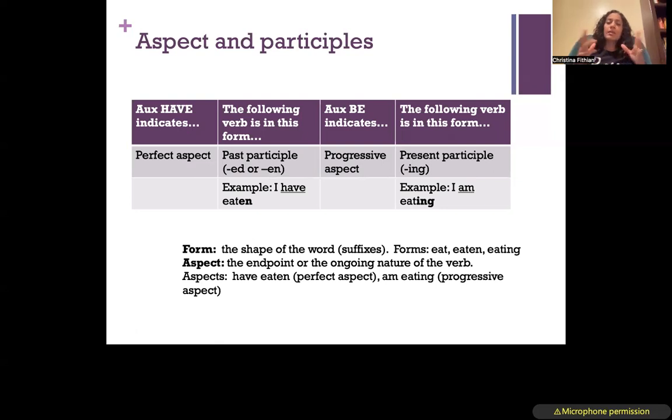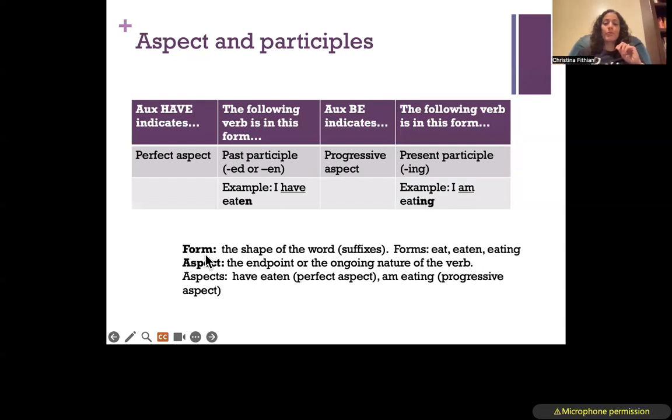So I always say that auxiliary verbs are like bad girlfriends. They steal your tense from you, and they force you to change into something you're not. That's exactly what the auxiliary verb does to the verb after it. It steals the tense, and it forces that verb to change into a different form, a form with no tense anymore. Okay? So we have another bad girlfriend over here, and that is auxiliary be. You add auxiliary be to something, it steals the tense from that verb, and then forces it to change into a different form, namely the present participle form.